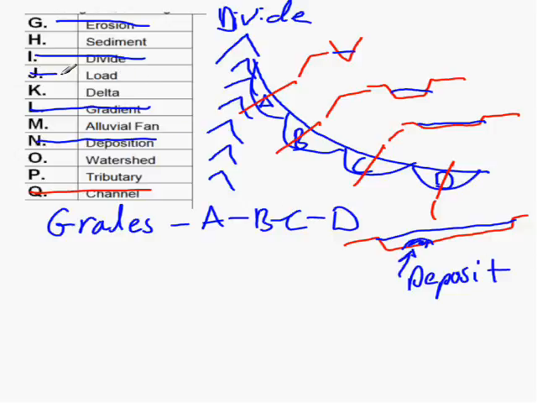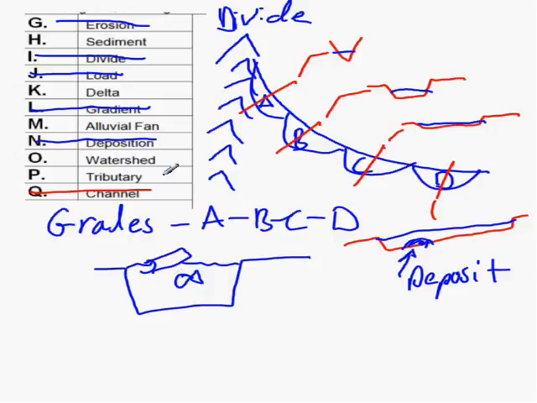Load is, as the river's flowing, we're measuring material that's coming through it. So if I have a channel and it's got a tree, fish, anything that's in the water, that represents the load.